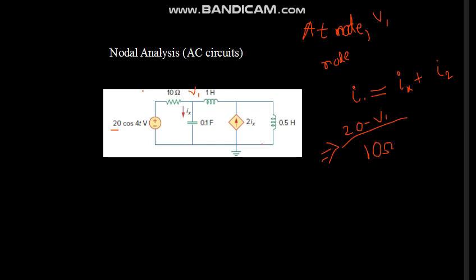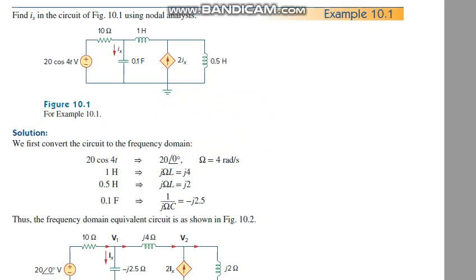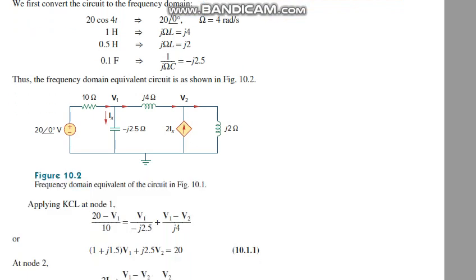And Ix will be V1 minus 0, since the reference voltage is 0, divided by the impedance of the 0.1 farad capacitor in the frequency domain. Now I will show you the finalized equation.